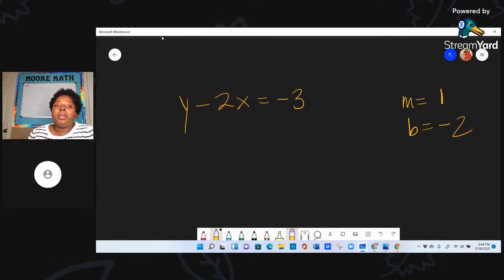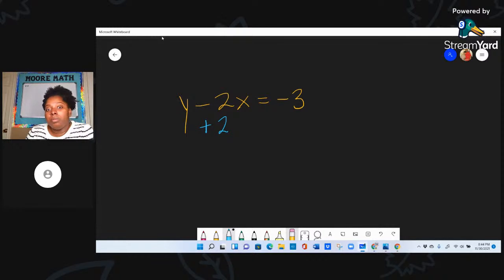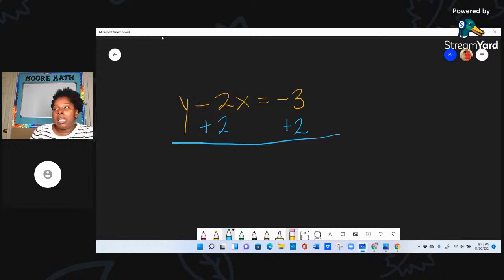Now tell me, how do I find the slope? What do I have to do first? You have to add 2. And how does that help me? Am I getting rid of anything on the left side though?